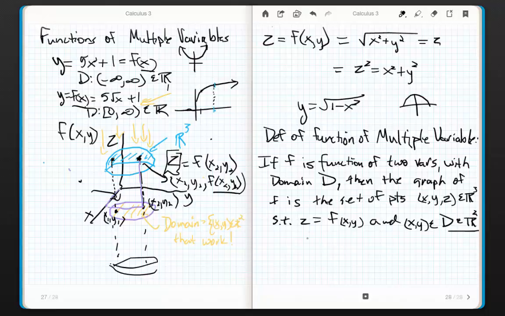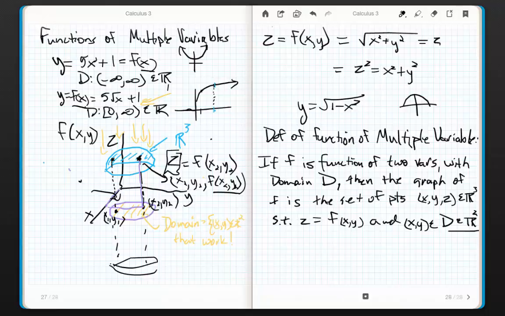If you recall the footprint problems from Calc 2, this is similar. We're not building them at all the same way, but it's akin to it insofar as this set of points that we're calling f of x, y casts a shadow down onto the xy plane. We grab a point, we map it up, we get the graph, but the domain is the set of points in the Cartesian plane that produces values in our function.